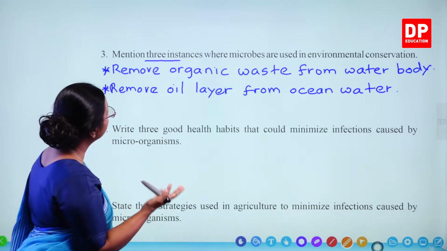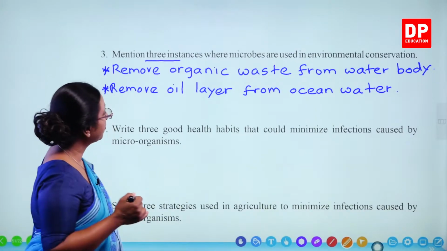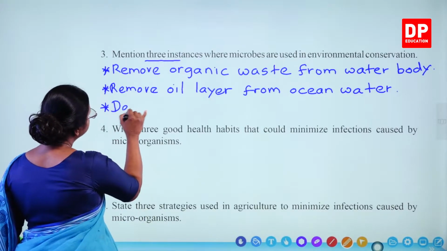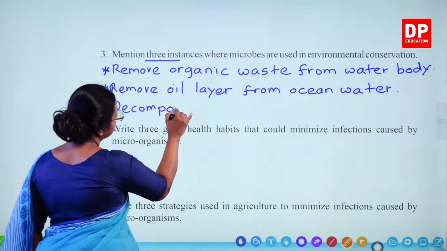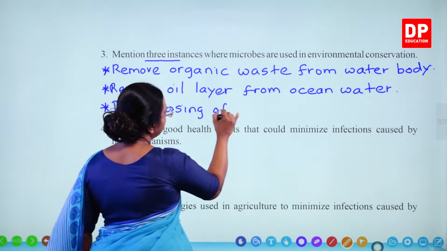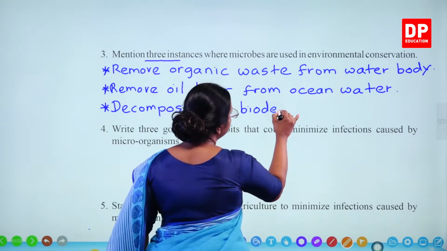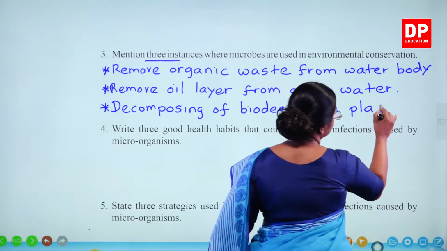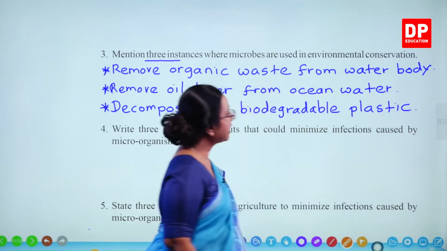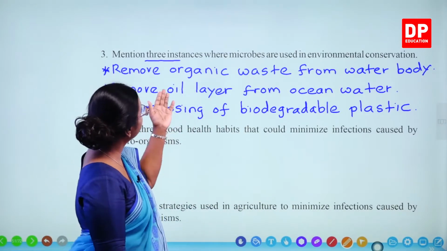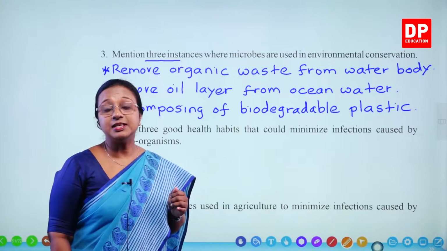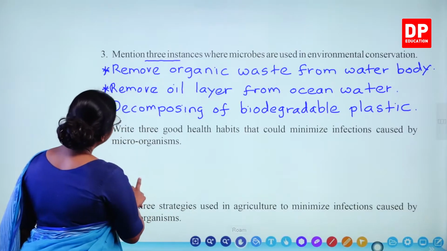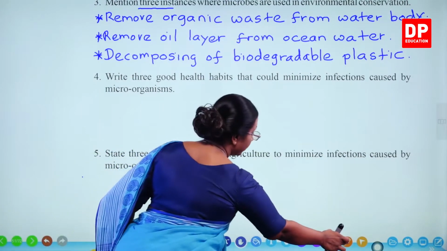Since I have written removal of organic waste from water body and remove oil layer from ocean water, I will write decomposing of biodegradable plastic. So these are the different applications of microbes in environmental conservation. You can write any 3 instances. Then I will move on to the next question.